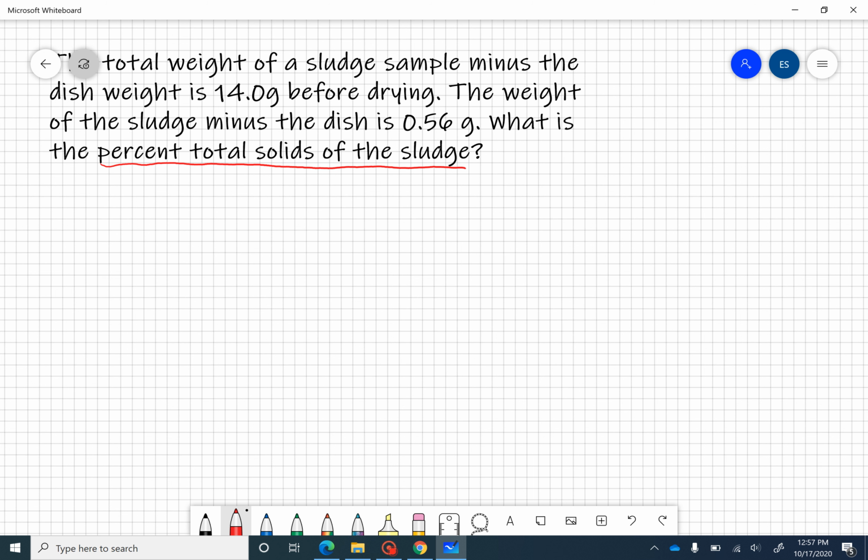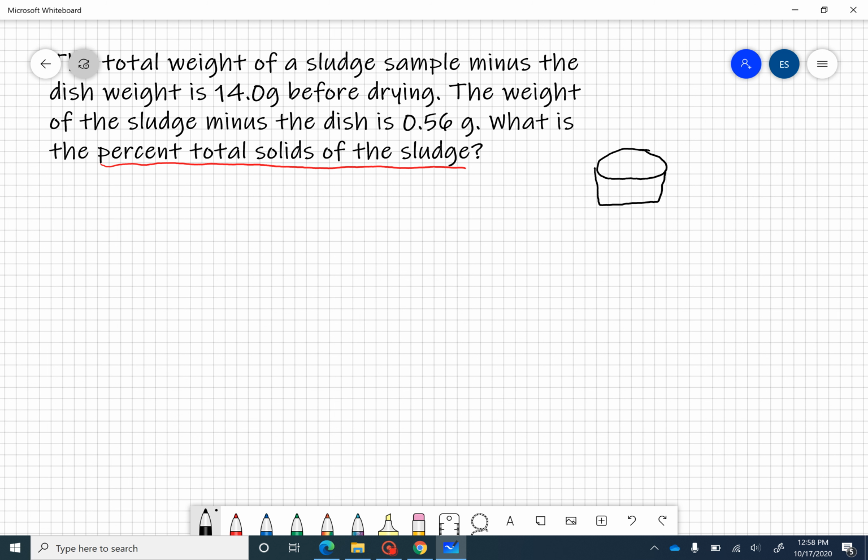So before I show you how to do the problem, let me explain how this test is done in a lab. Basically, we're collecting samples of sludge and we put them in a dish, and then we put that dish in a drying oven overnight.